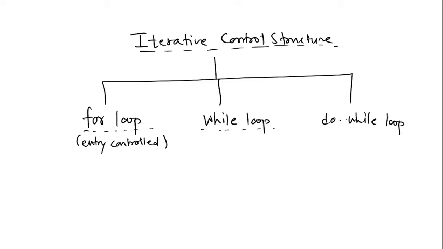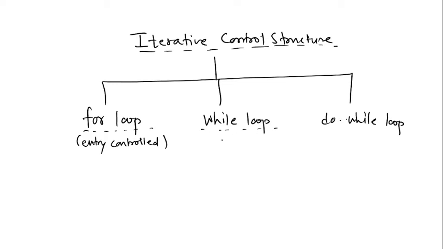Whereas a while loop is not deterministic, that is we are not aware of how many iterations, like अपने को मालूम नहीं है कि कितनी बार घूमना है, but कब तक घूमना है. So while this particular condition is true, we have to repeat. It is purely based on the condition. Till the time the condition is true, we are going to repeat. Once the condition becomes false, we are going to stop. So that might lead to any number of iterations.